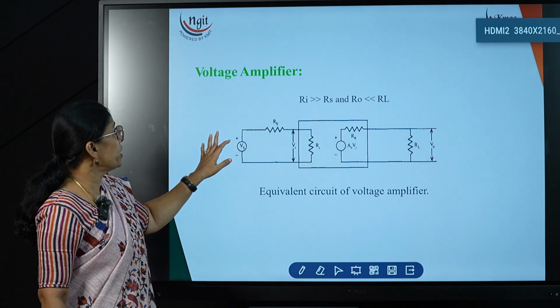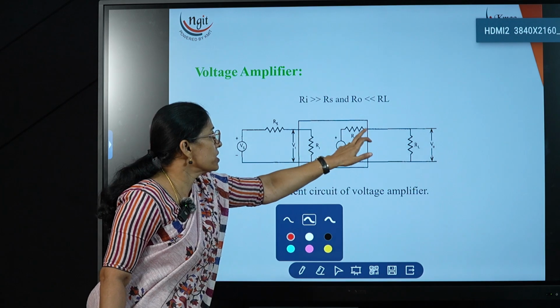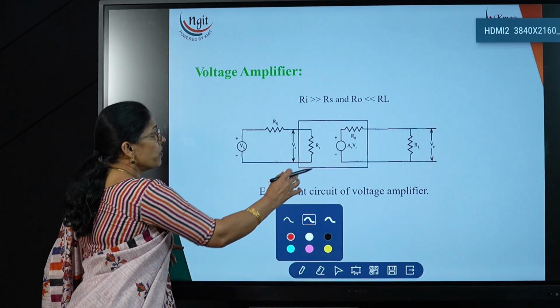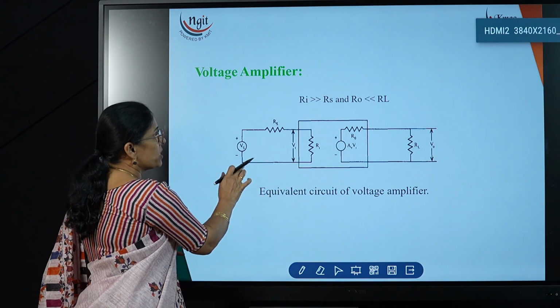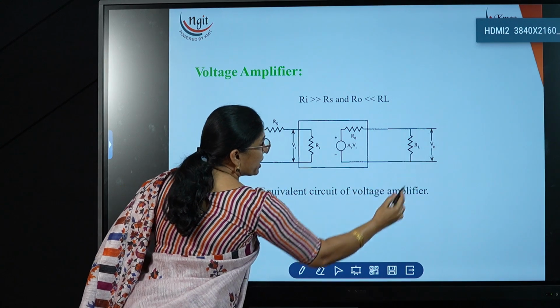Now this is the voltage amplifier. In this box, this is the equivalent diagram for the amplifier. For this amplifier, we apply the voltage from the signal source, and with the load we take the output.